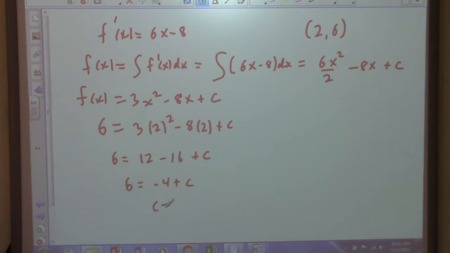So c is equal to 10. So therefore, we bring this up here. We get f of x is equal to 3x squared minus 8x plus 10. Okay? So that's that one.